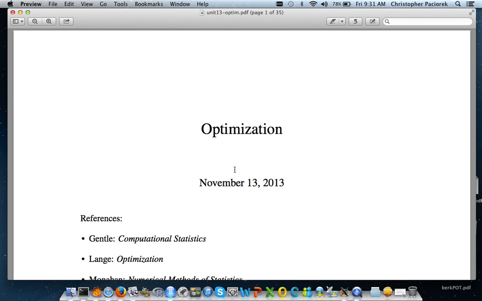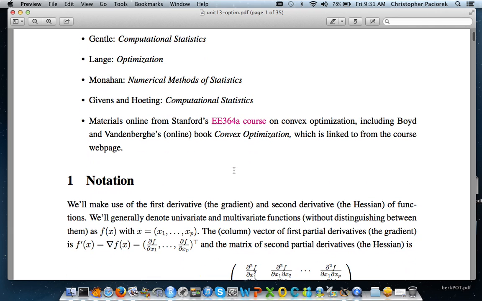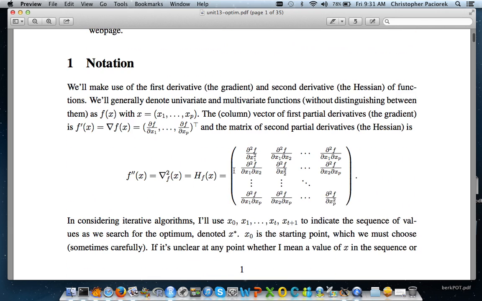And then the last week of classes, which is the week after Thanksgiving, I'll probably spend a day or two talking about numerical integration and numerical differentiation, and then maybe a day or so talking about graphics in R and good principles in terms of graphics. So that's the plan. I have a couple references here in terms of the optimization.